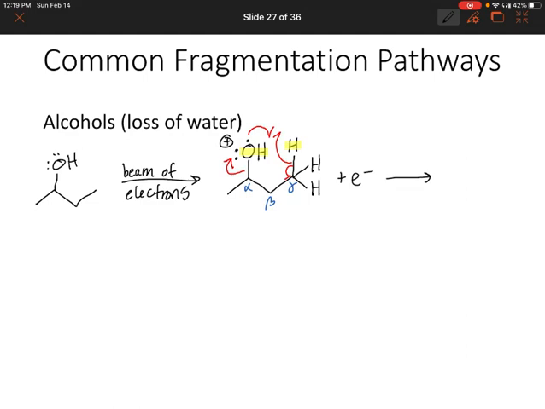And we'll end up with a radical cation. So we have a single electron on that gamma carbon. So that's our radical part. And then after water leaves the molecule, the alpha carbon is positively charged.